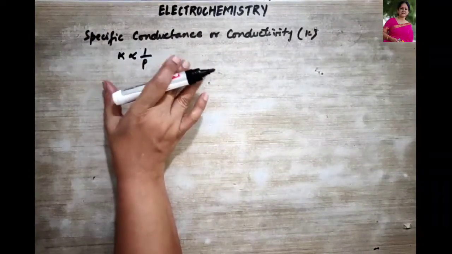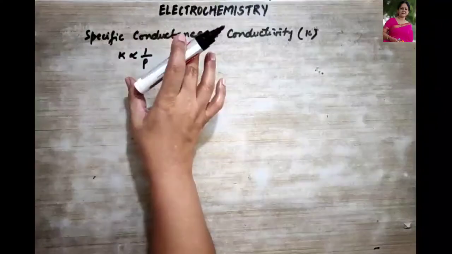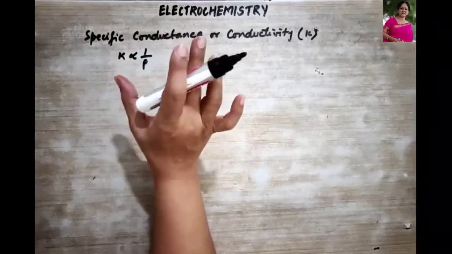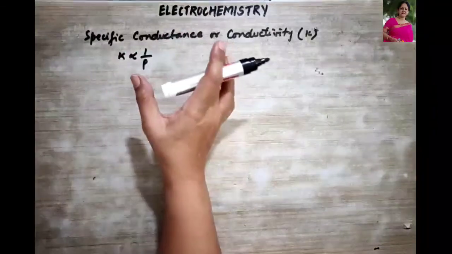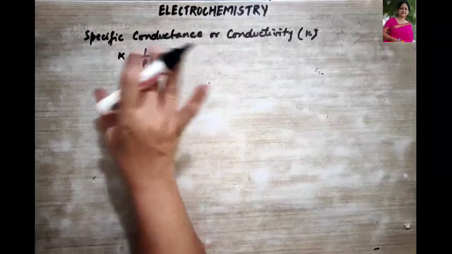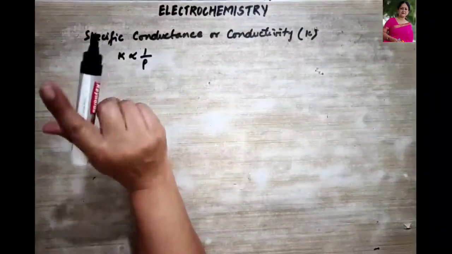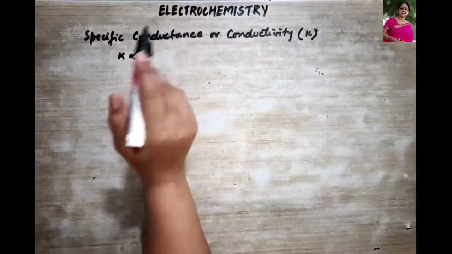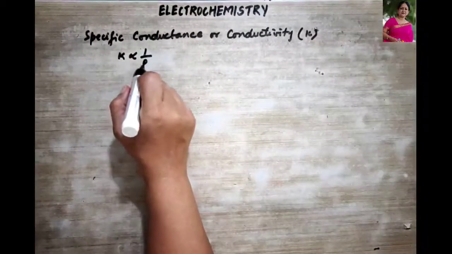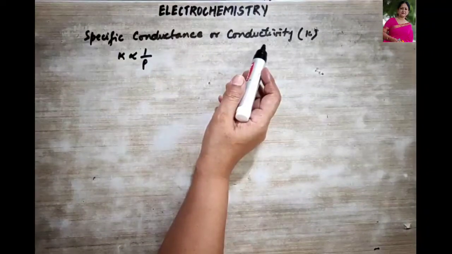Clear? So now how can we define specific conductance? It is the conductance of the solution taken in a cell whose electrodes are at unit distance from each other, and each has an area equal to 1 centimeter square. It is the reciprocal of the resistivity, and it is called conductivity also.